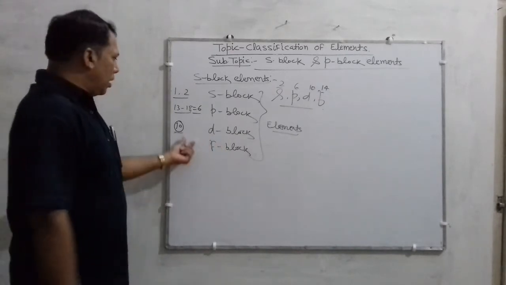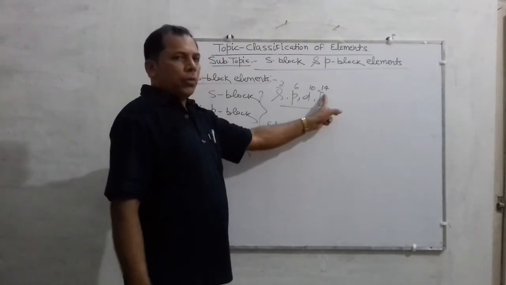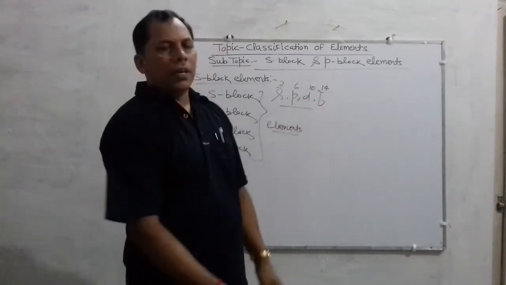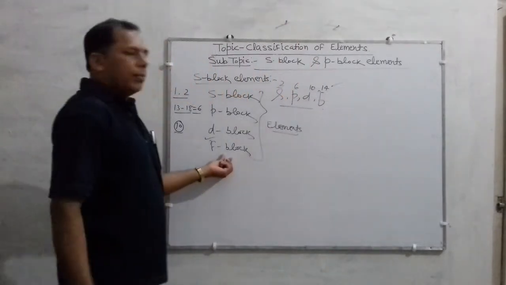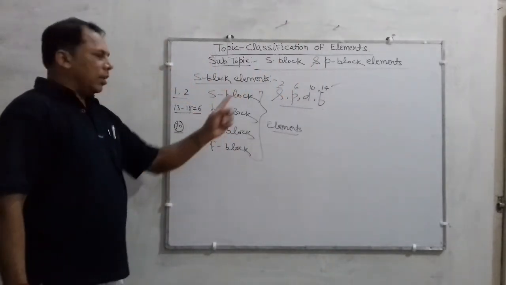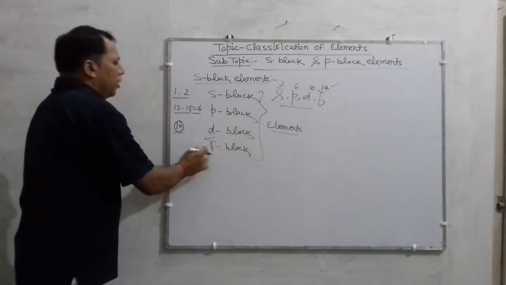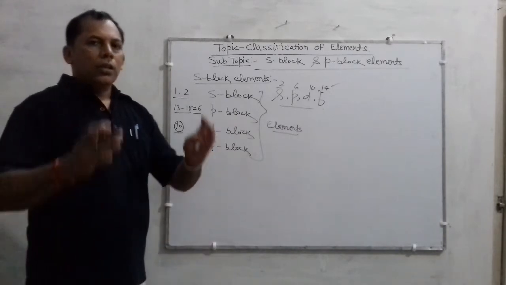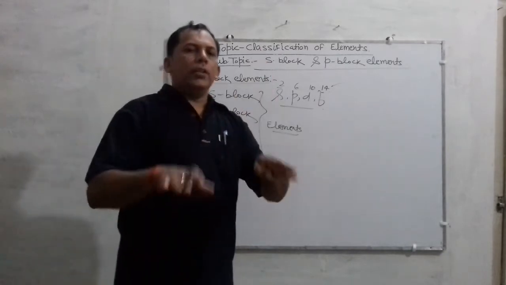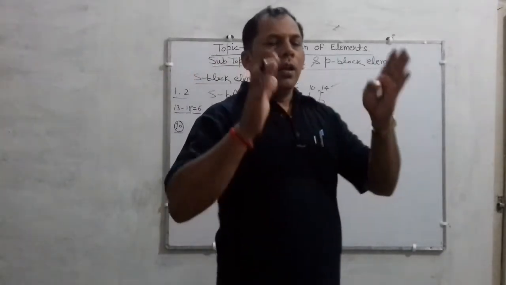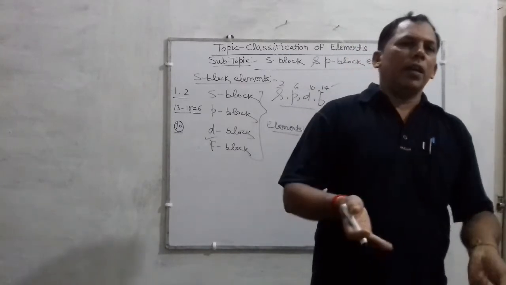Similarly, for the F block elements, you know the F subshell contains 14 electrons. No matter the electrons, here we are talking about elements, so just make the relation. The F block contains the elements which are placed below in the periodic table in the series of 14, called the lanthanides and actinides.